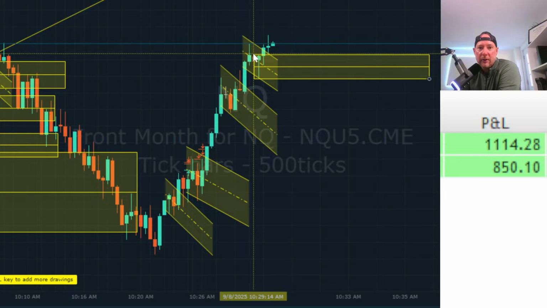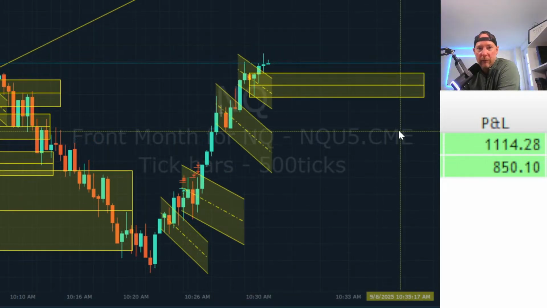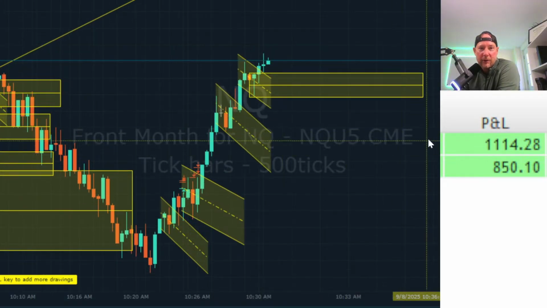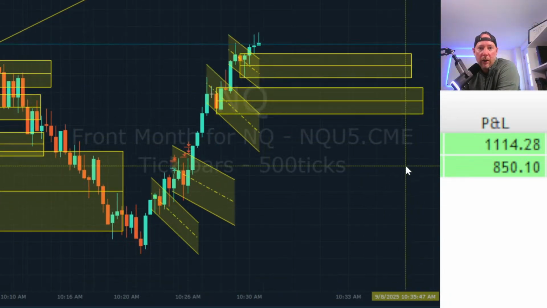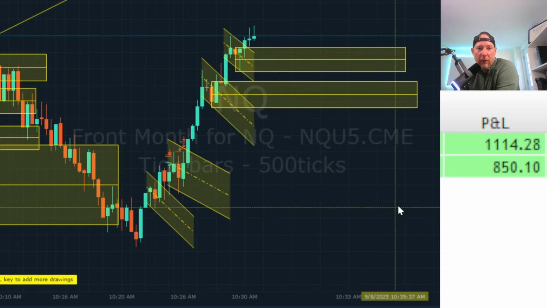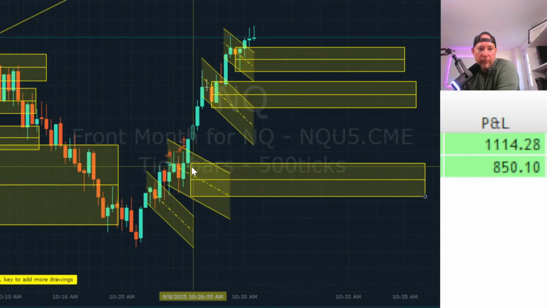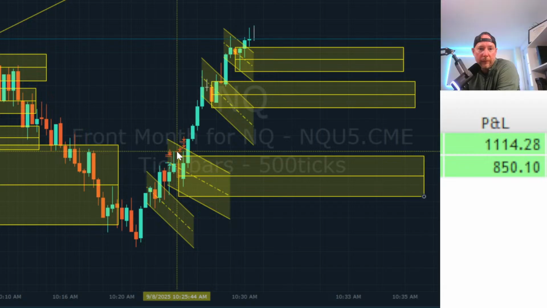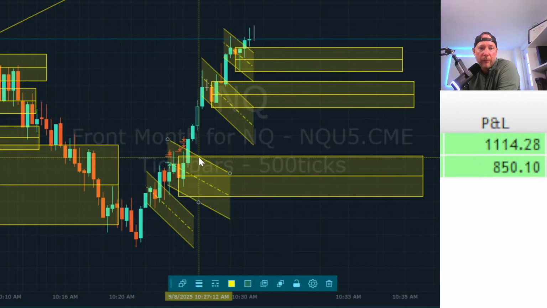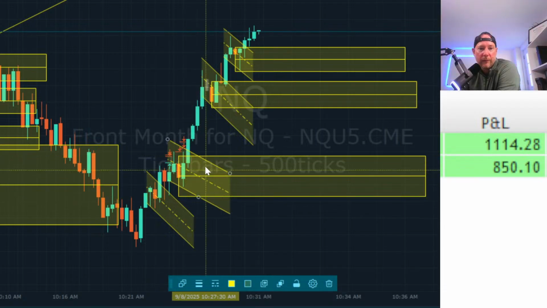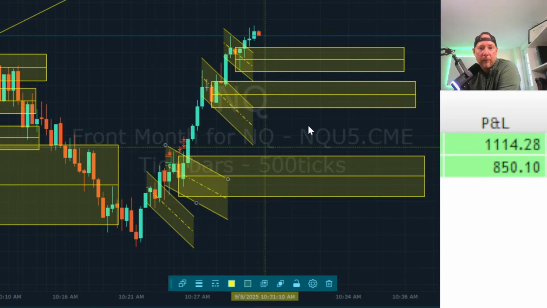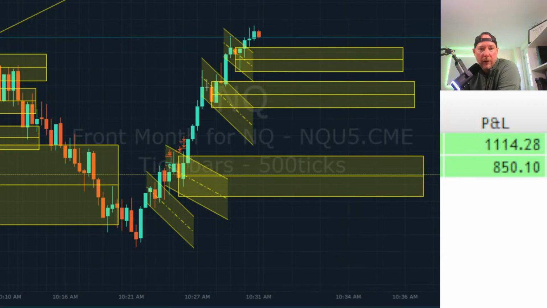All right, so let's take a look. Let's just draw our big beautiful rectangles here. Here's another big beautiful rectangle. I'm going to draw another one right here. Doesn't have to be perfect, because you're already perfect.